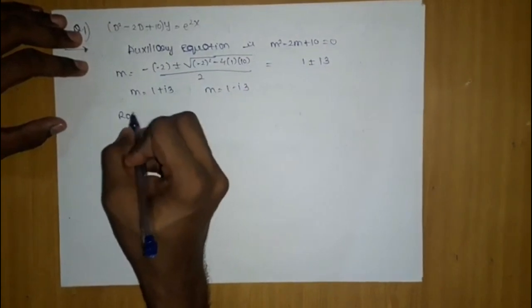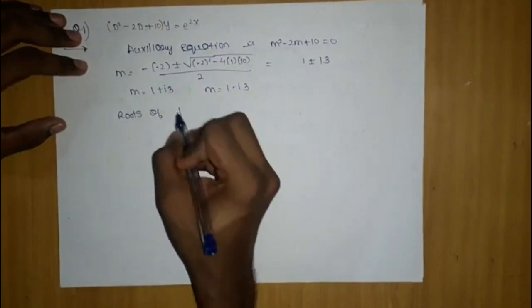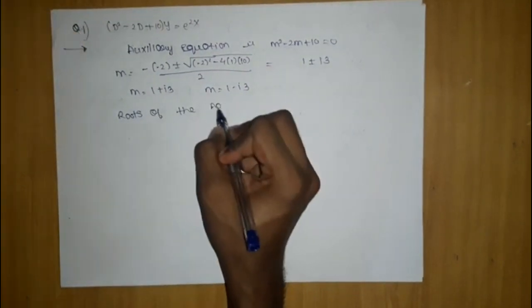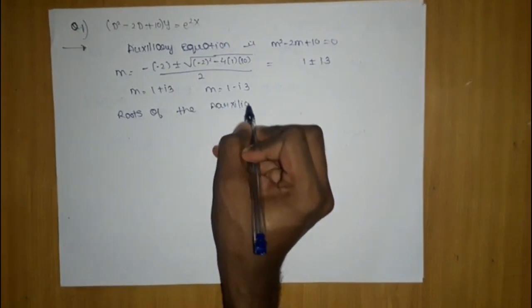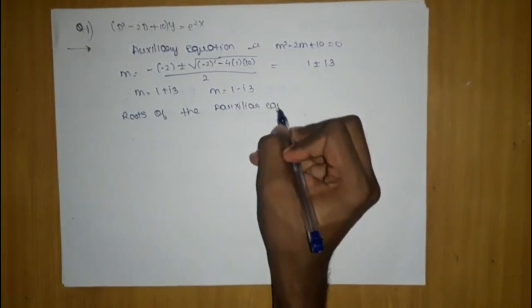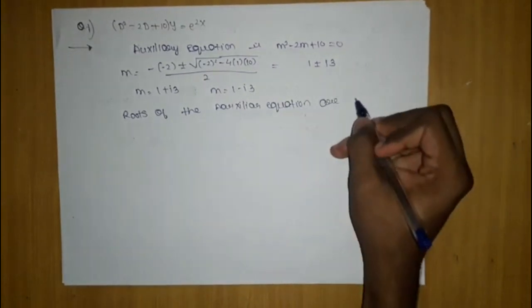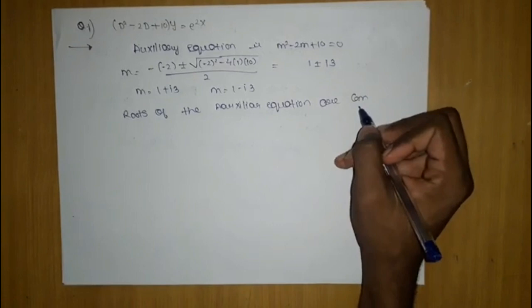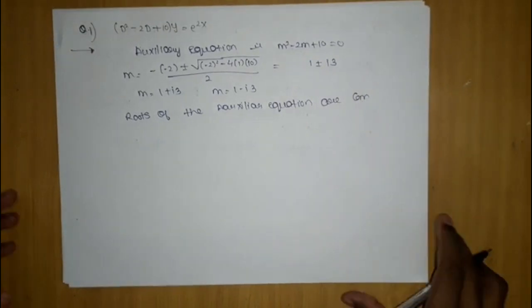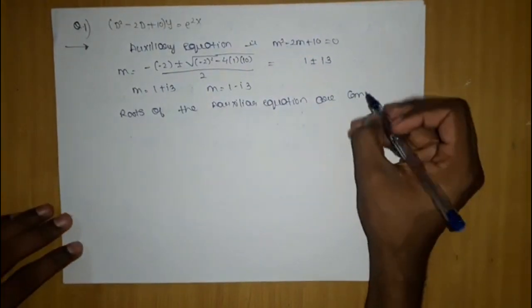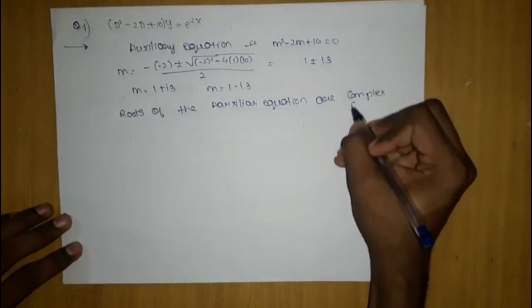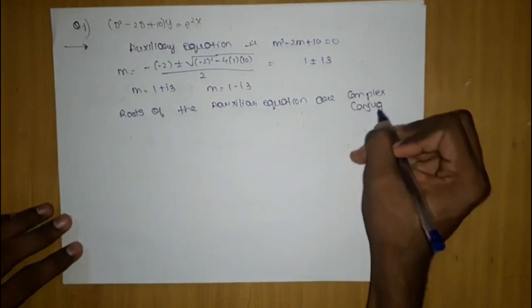Now what you will write: the roots of the auxiliary equation are complex conjugate, or real and distinct, or repeated. There can be real and equal, or complex conjugate. For this case, they are complex conjugate.